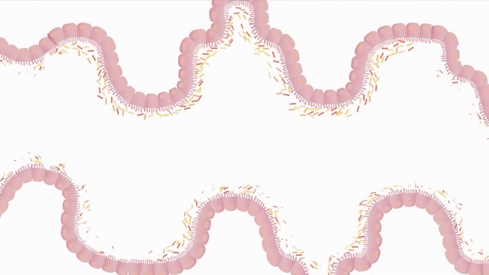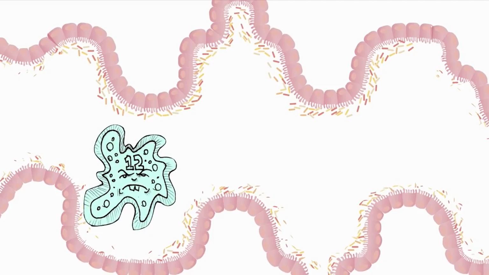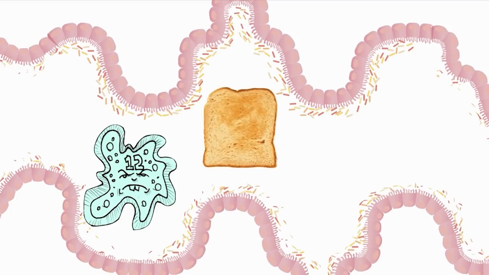And lastly, sequences on a virus called adeno-12 virus share similarities to sequences on the wheat protein A-gliadin. Now, A-gliadin also shares similarities of its sequence with proteins on the walls of your small intestine. So this is like a threefold chain reaction, and this results in celiac disease.